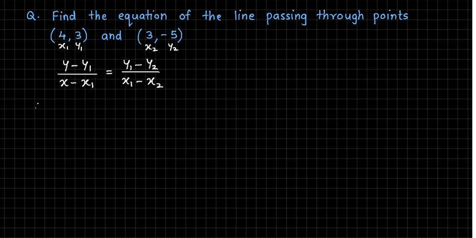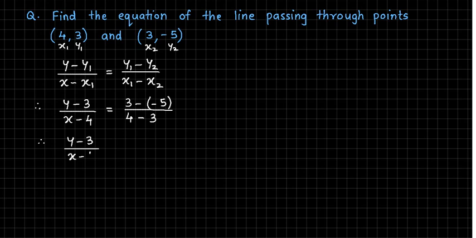And now substituting, we get (y minus 3) upon (x minus 4) is equal to (3 minus 5) upon (4 minus 3). So therefore here we have (y minus 3) upon (x minus 4) is equal to, numerator is 8 divided by 1, so no need to write that.